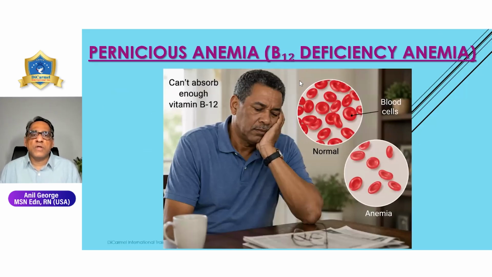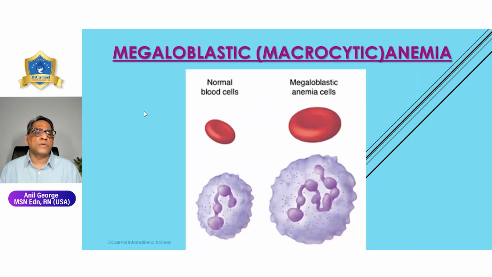Macrocytic means larger cells, or megaloblastic cells. And the number one reason, again, is lack of B12. How that happens, we're going to see going forward on the next pages. Again, those cells are immature and larger, what we call megaloblastic cells.